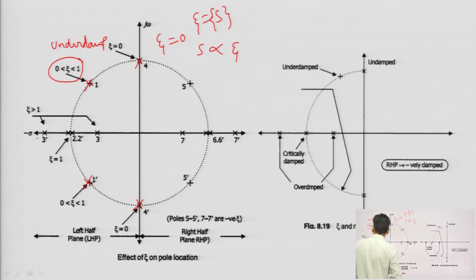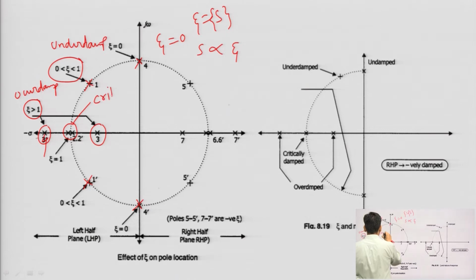Whenever my roots are real but different, it comes under the category of overdamped. For example, one value is 3 and the second value is 4 or 5. This is the case of overdamped, where zeta is greater than 1. So, this is the location of poles and roots as I vary the value of zeta. Whenever I get real roots that are repeated on the negative real axis, this gives the case of critically damped, where zeta is equal to 1.